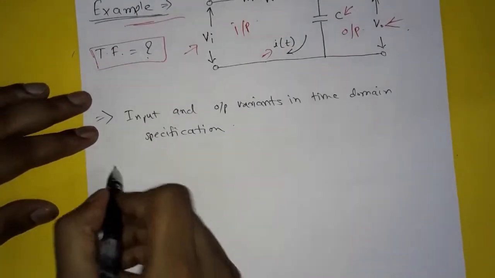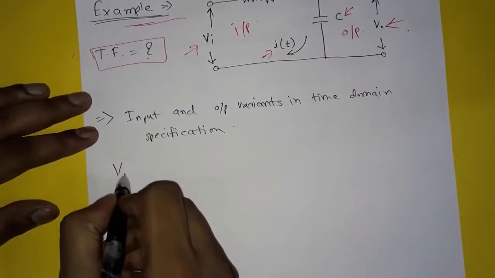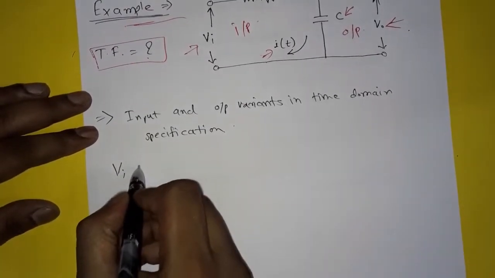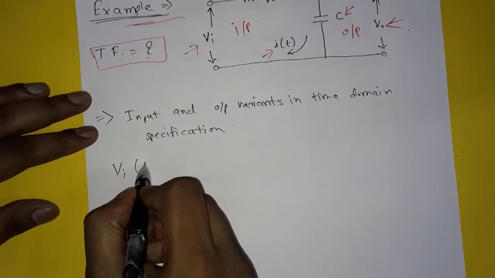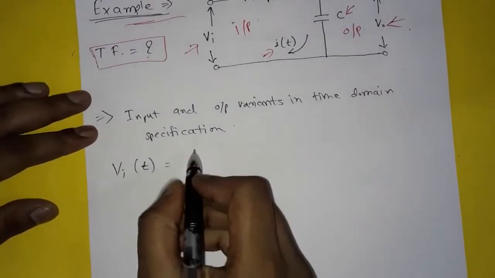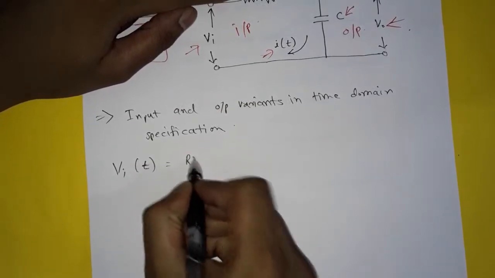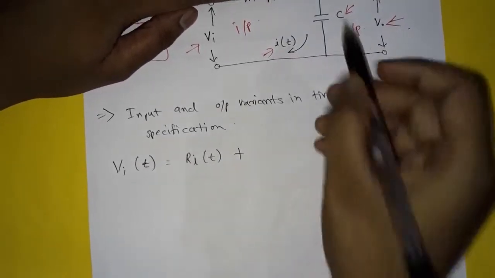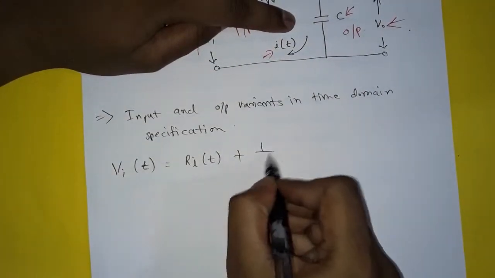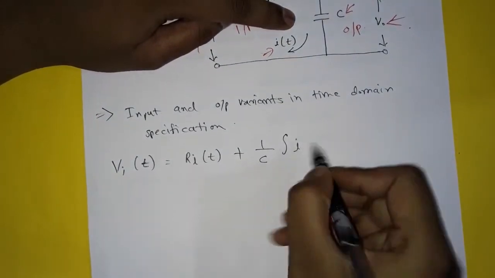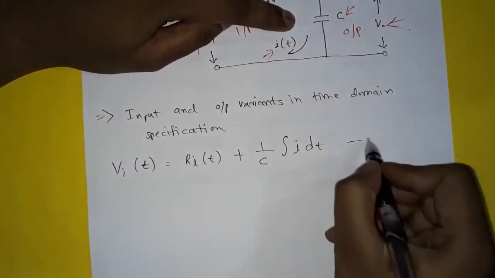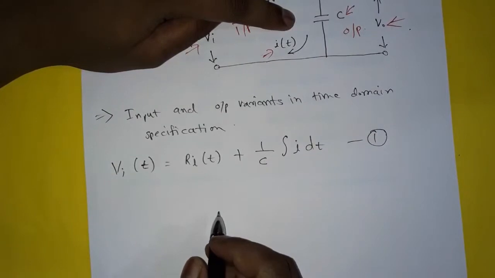Here first we will find the input variable: Vi of t is equal to, here first is the resistor, so R i of t, plus then capacitor, 1 upon C integration of i dt. This is our first equation.